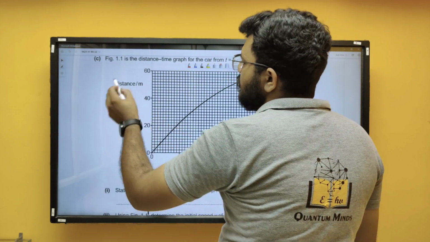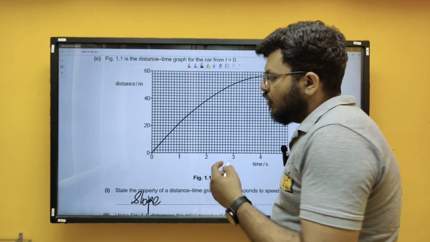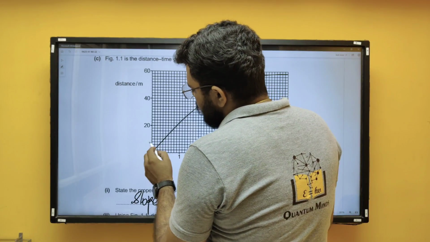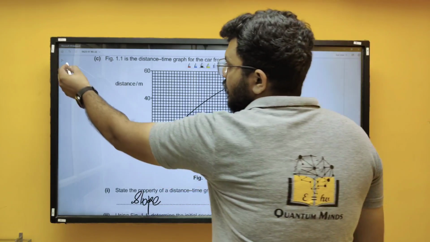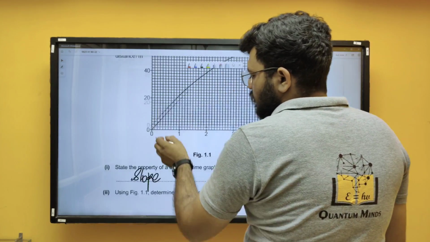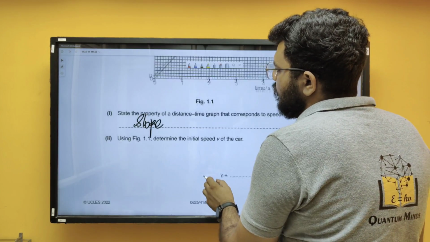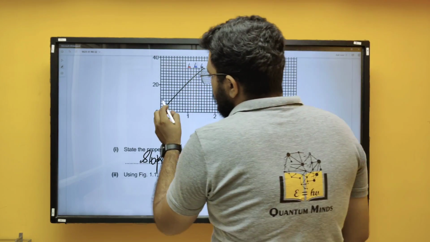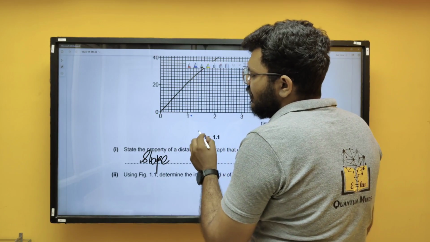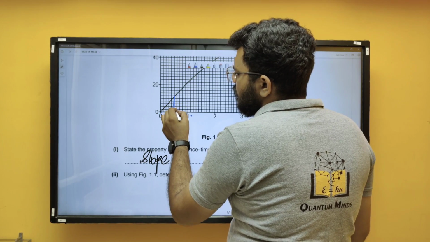Now to determine the initial speed, what we can see is that for some time the speed is constant. So we'll just have to take the first few seconds. Let's say this is from 0 to 1, there are 10 divisions, so 0.1, 0.2, 0.3, 0.4 and 0.5.